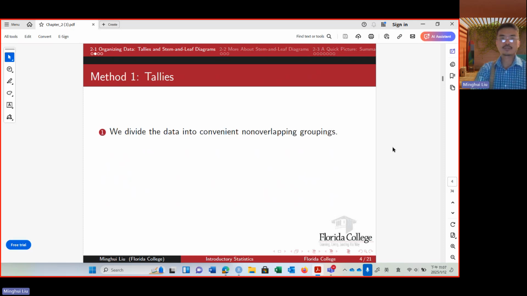To do the tallies, first of all, we divide the data into convenient non-overlapping groupings. And this is important, non-overlapping. You want to make sure that those groupings don't have anything in common. For example, you don't want to have one group say from 20 to 30, another group from 30 to 40.